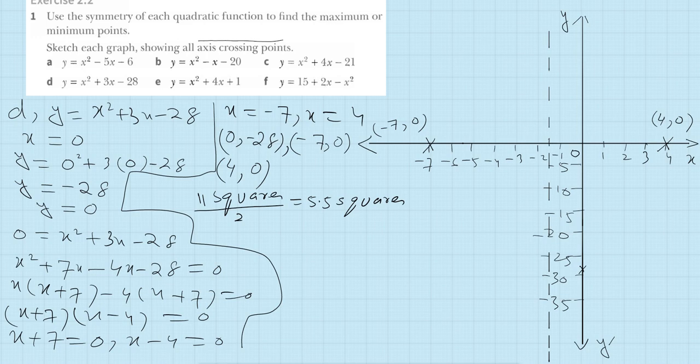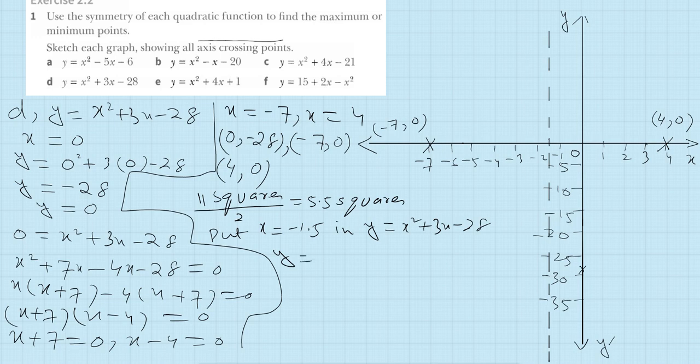The value of x where the line of symmetry passes through is x is equal to minus 1.5. So put x is equal to minus 1.5 in the given question. The question is y is equal to x square plus 3x minus 28.